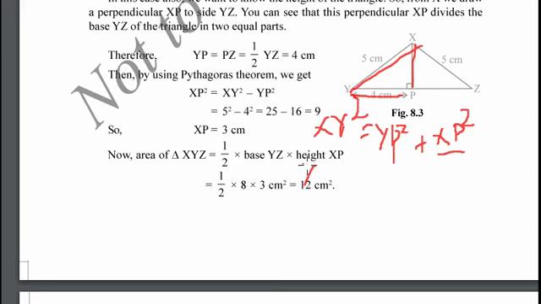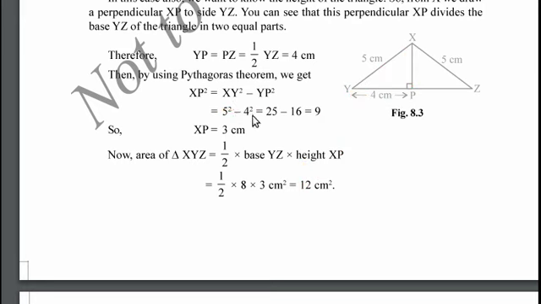So XY square minus YP square is equal to XP square. The length of YP is 4 cm, so 4 square. Length of XY is equal to 5 cm, so 5 square. 5 square minus 4 square is equal to 9.